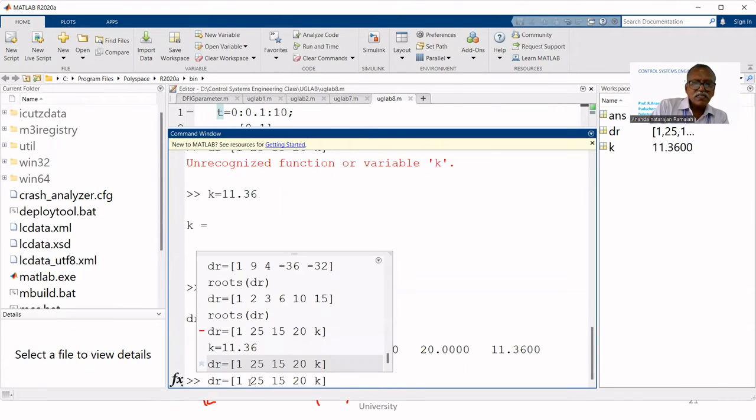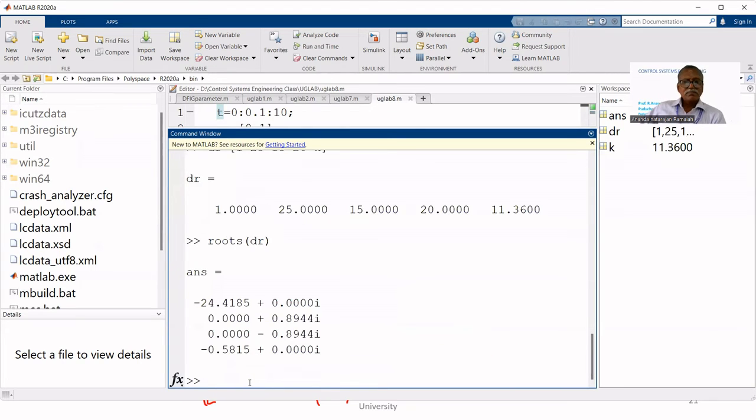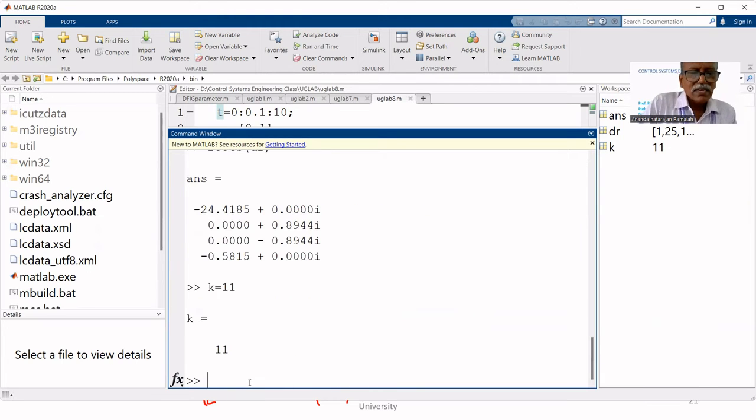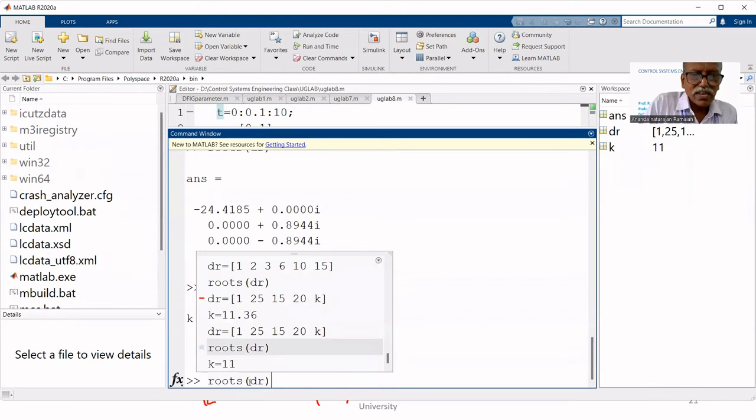Now let us check the roots. Two poles on the j omega axis. So the closed loop system becomes marginally stable for 11.36. Let us check k equal to 11.